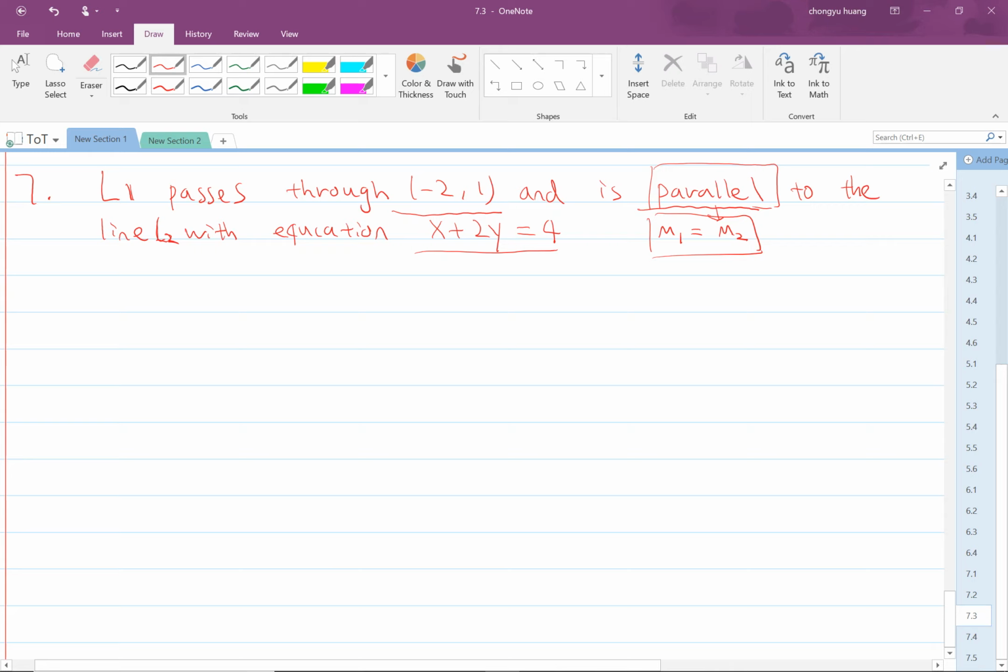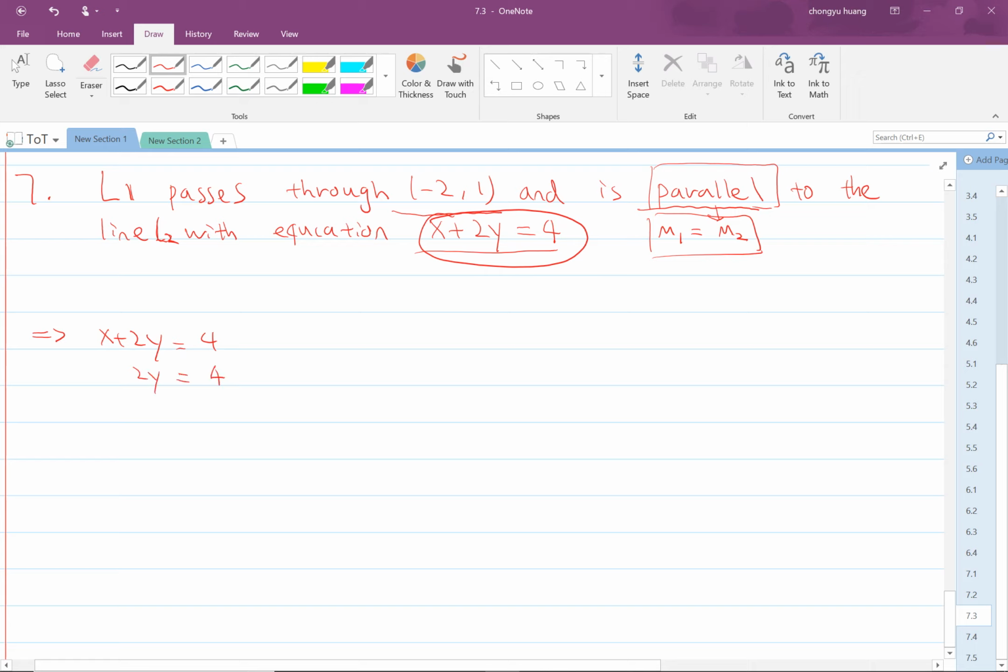So the first thing is we have to figure out the slope of line 2, by changing this form into the slope intercept form.